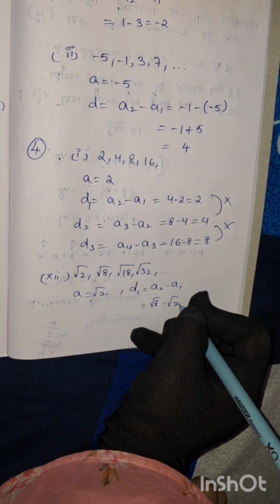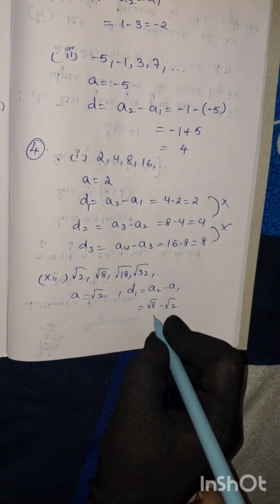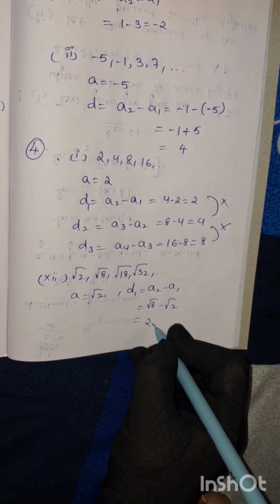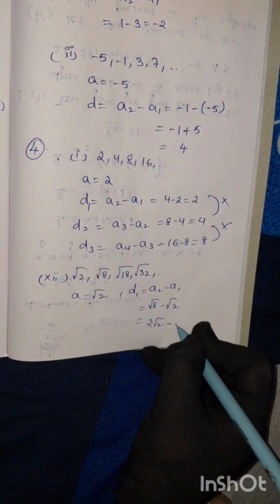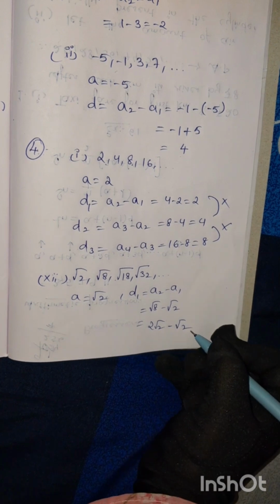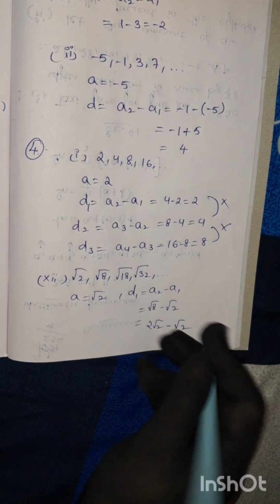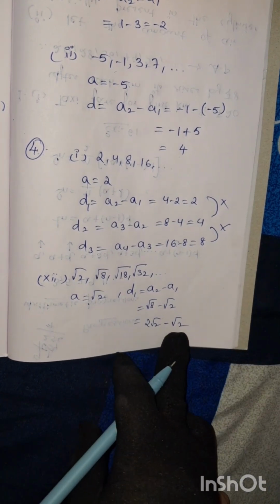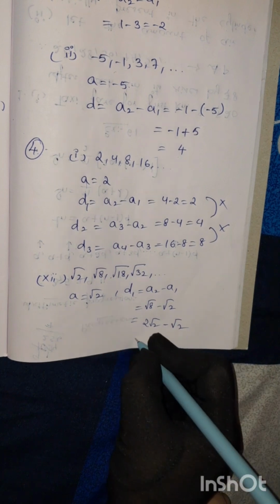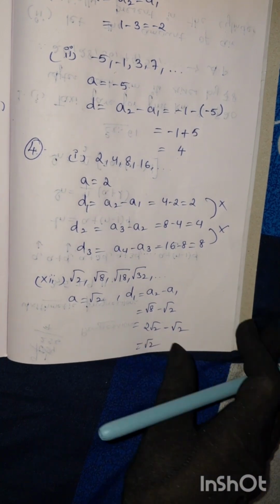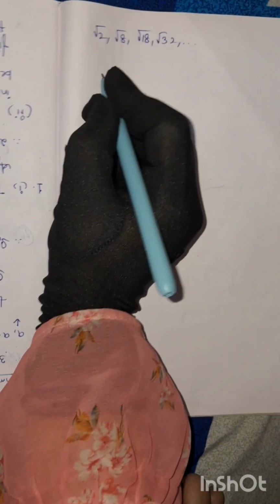Root 8 can be written as 2 root 2 because 2 4s are 8, minus root 2, right? Yes or no? So 2 root 2 minus root 2 is nothing but root 2. So here the first difference we got is root 2.